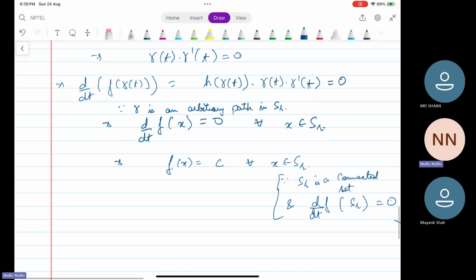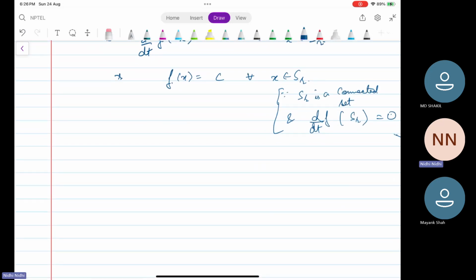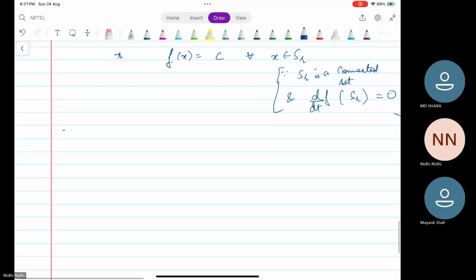Therefore, f is constant on S_R. Now, since R positive is arbitrary, we get f is a radial function.